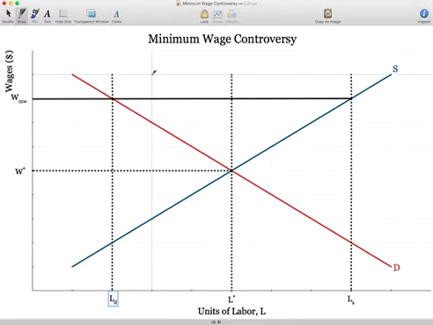So what that does is give me an indication of how many people who used to have a job when the wage rate was set by the labor market. That distance there gives us the people who end up getting laid off.